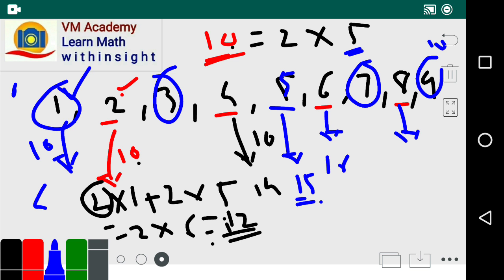So numbers that are relatively prime, when we add a multiple of 10, remain relatively prime.